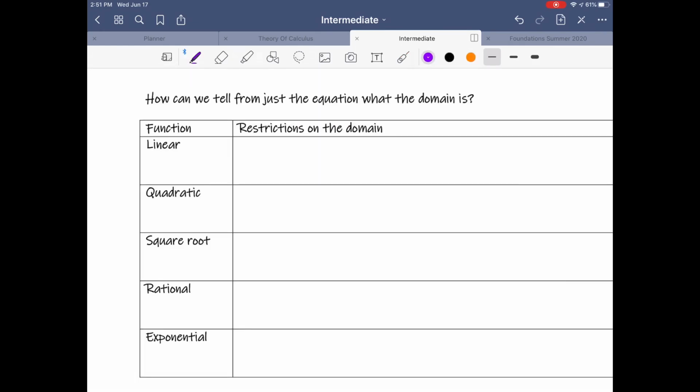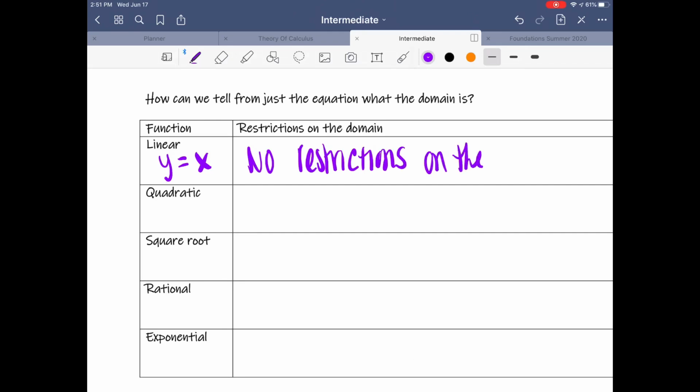We learned in a linear function, remember the linear function was y equals x, that there were no restrictions on the domain because there wasn't anything that's not allowed. X can be anything. Here x can be a negative number, x can be 0, x can be positive, x can be a fraction, a decimal.